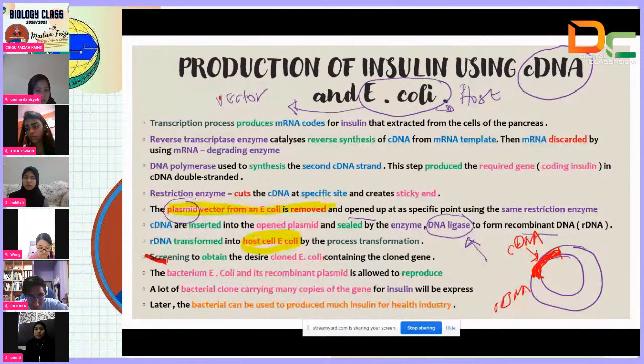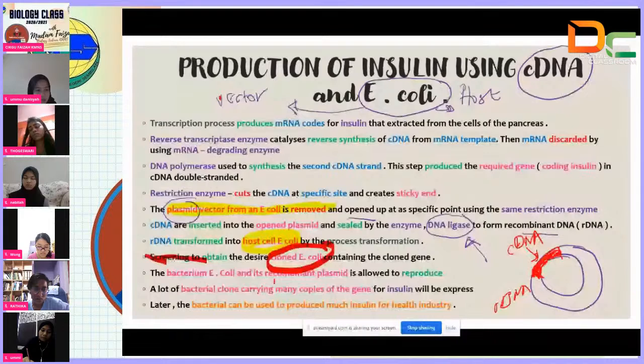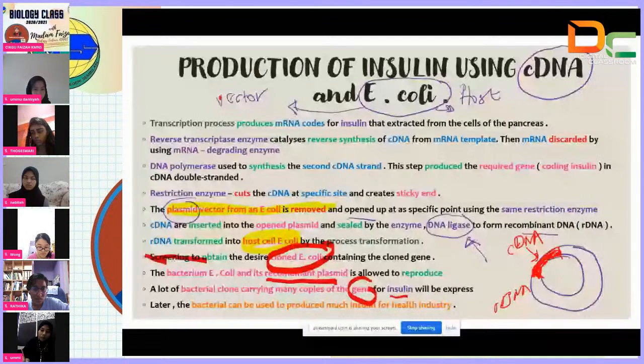Why do we need to go through the screening process? Because we want to choose which E. coli bacteria can take up the recombinant plasmid in order to amplify, to make many copies of the cDNA which carries the gene of insulin, so we can produce insulin as much as required for the healthcare industry to help those who have diabetes.